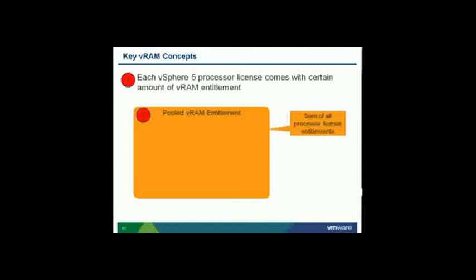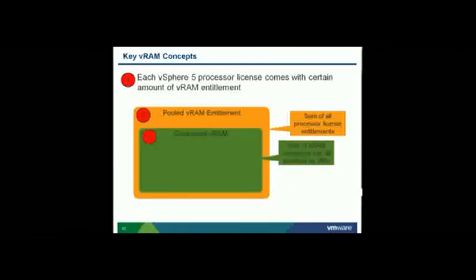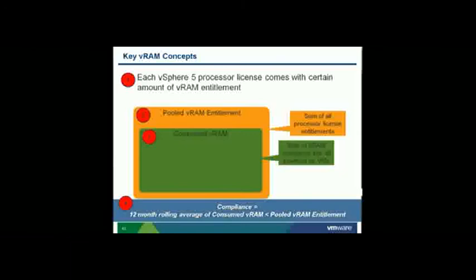Then it's the amount of VRAM consumed out of that pool, which equates to all your powered-on VMs. And finally, this is the 12-month rolling average consumed VRAM. It's not the high water mark.